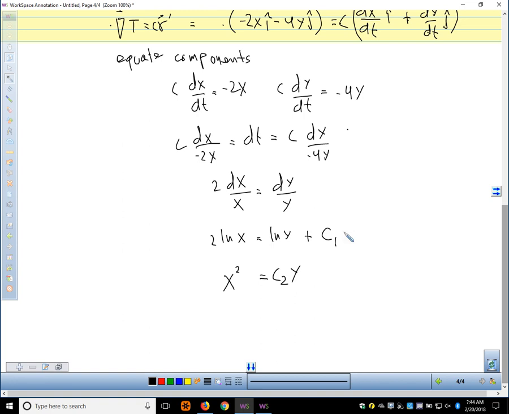So my constant turns into a multiple. We multiplied both sides by 4, and that's why we only had a factor of 2. All right, so we have this constant here.